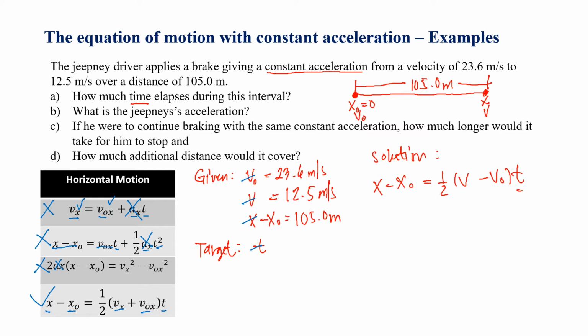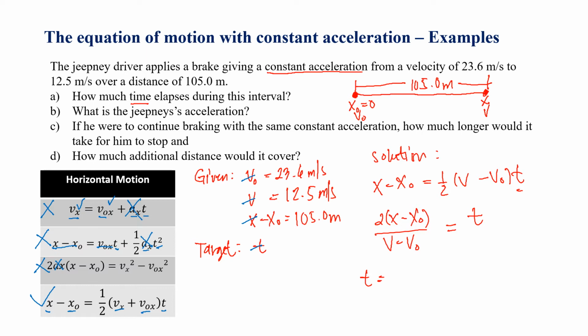Doing some algebra, we multiply both sides by 2, so you have 2 times (x minus x naught), and then divide both sides by the term v plus v naught, and you're only left with your time t term.